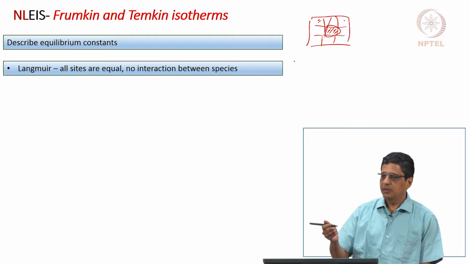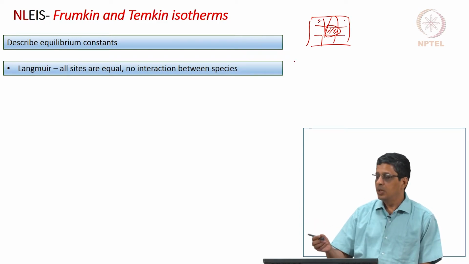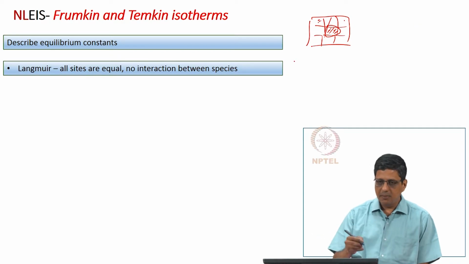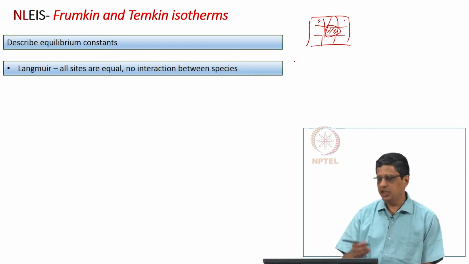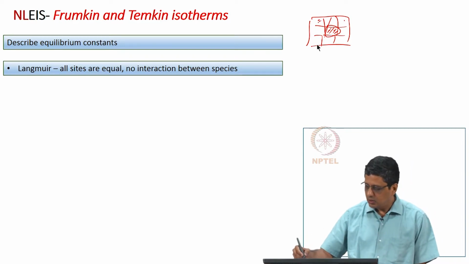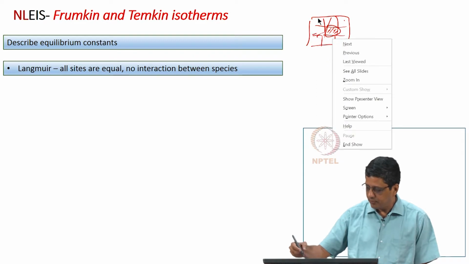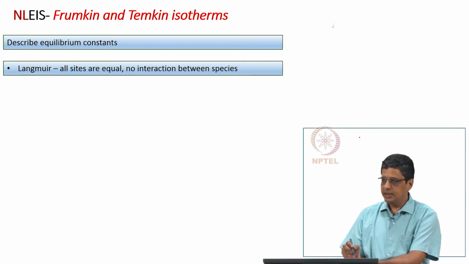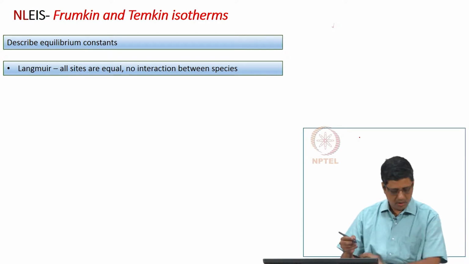If it is vacant, the probability of adsorption is equal for all the vacant sites. It does not matter whether a neighbor is an adsorbed species or a vacant site. So, there is no interaction between the species. In the Langmuir model, all sites are assumed to be equal and there is no interaction between the species.